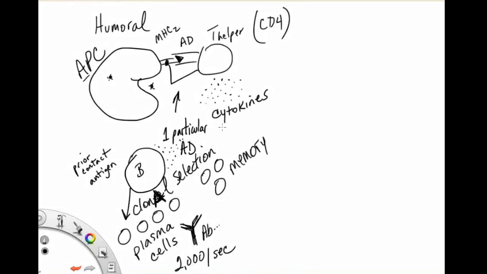Memory cells are not capable of making antibodies yet. What's a word that means they can't make them yet? Pardon? Not a fancy word we learned tonight, just a word that means they have to sit there and not do anything for a while. They lie dormant.